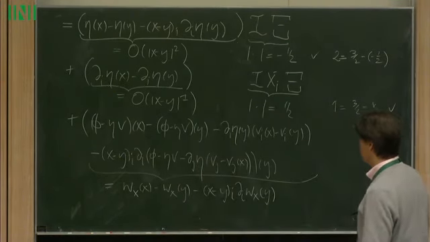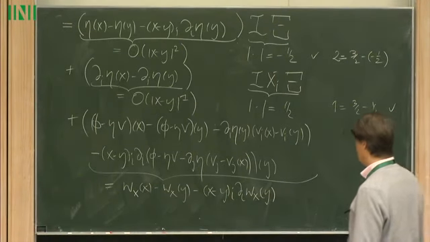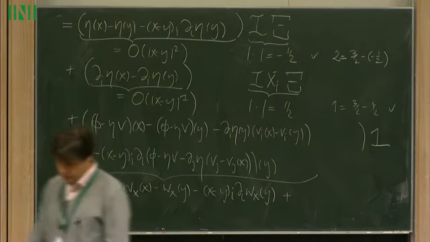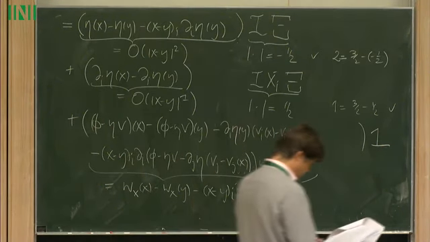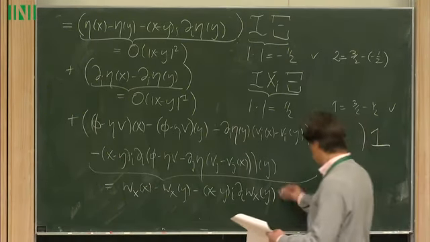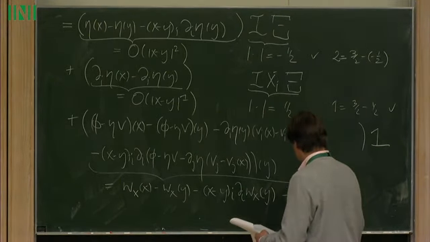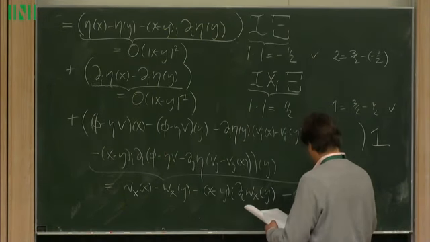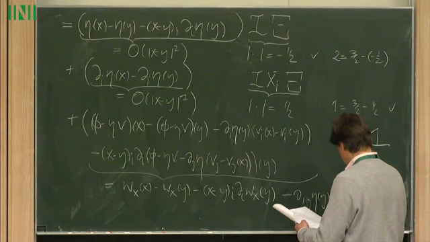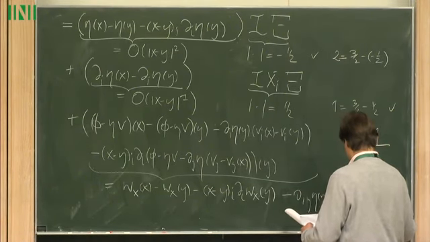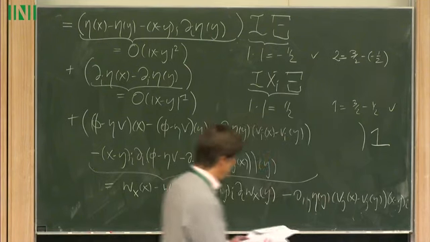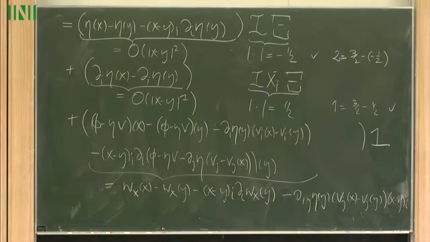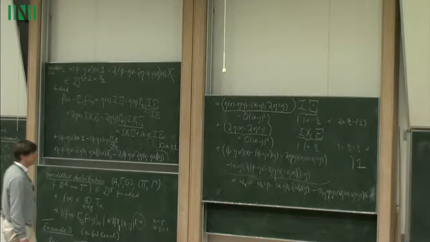But then there is a little error which is of the form minus di j eta of y v j of x minus vj of y times x minus yi. So if I did do the algebra correct, this is how you can organize this term.